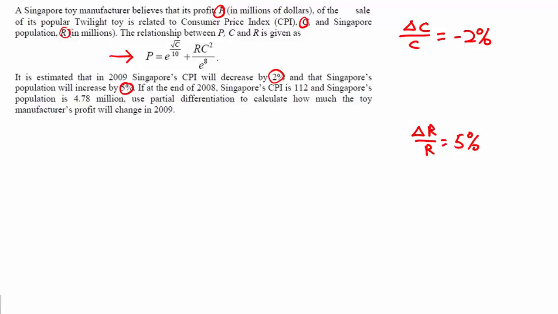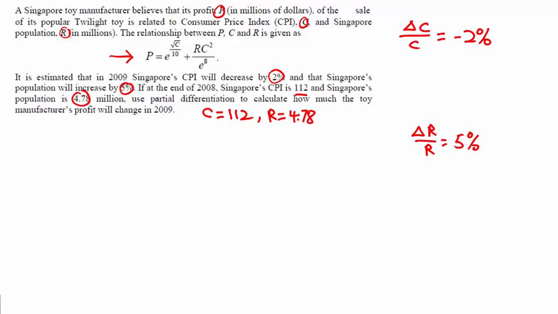It is given that at the end of 2008, Singapore's CPI is 112. We can then write that C, which is the variable for CPI, is equals to 112, and Singapore's population is 4.78, and that means that R will be equals to 4.78.